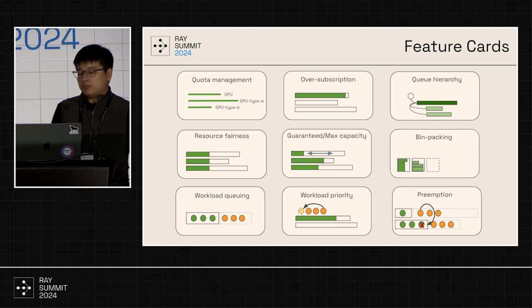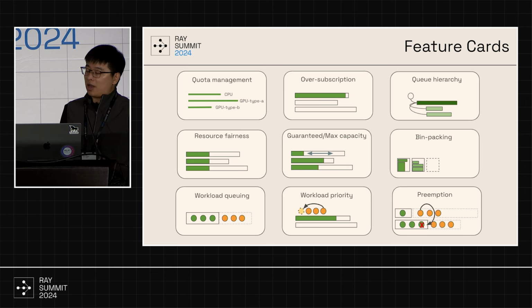And here's a slide about the features we're using in Ray from YuniKorn. The first one is GPU quota management, and it can manage a lot of different resource types. GPU is just one of them. The second one is oversubscription. And I think this is the key, that we are able to oversubscribe our queues to utilize more idle GPUs.